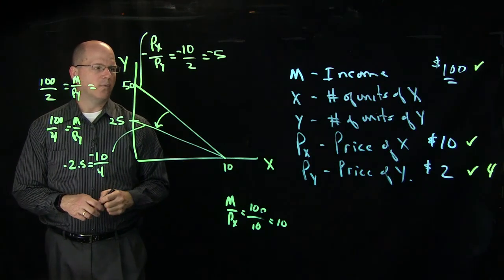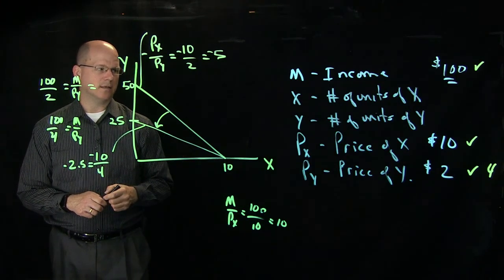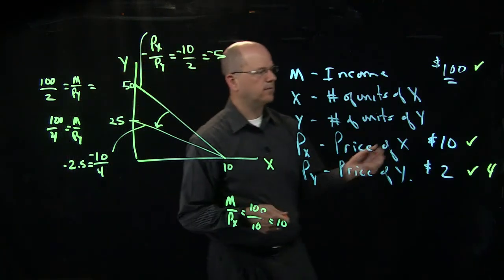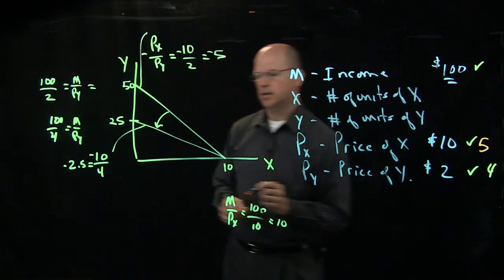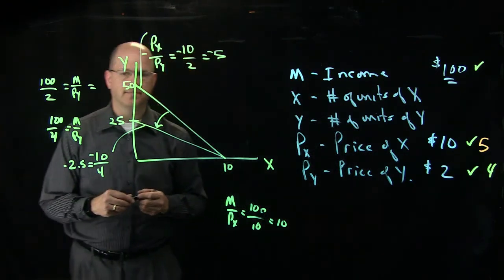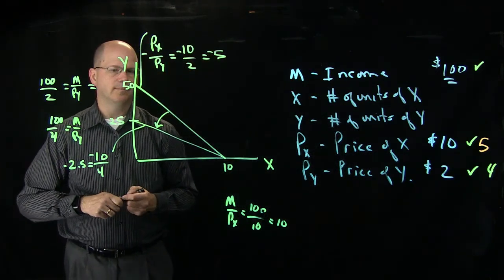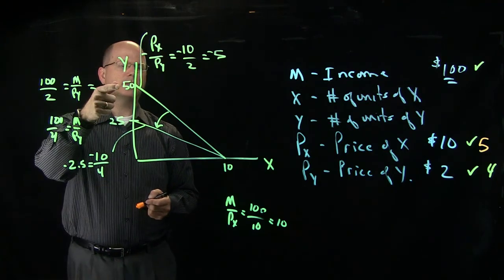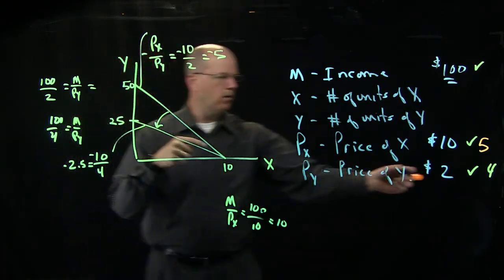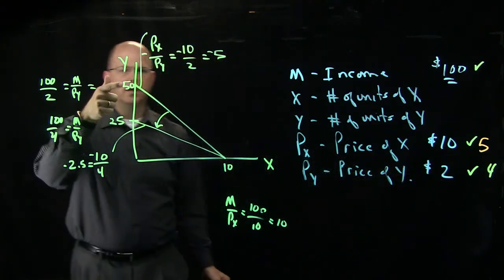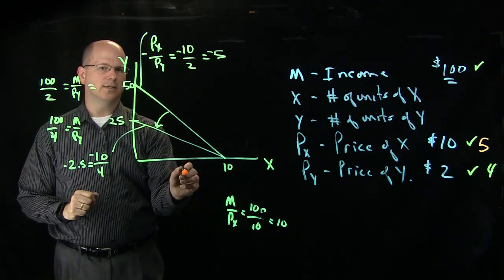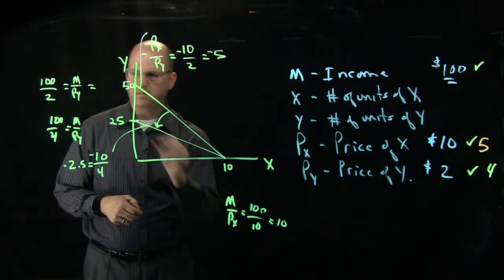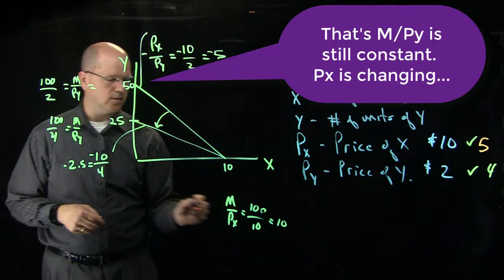Okay. What happens with the price of X? Let's say instead of going up, the price of X goes down to 5. Okay, so I'll do that in orange. If the price of X goes down, and we're back at our original price of Y, 2, this intercept does not change, but this intercept does, right? M over PX is no longer constant.